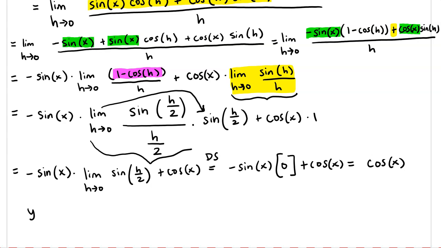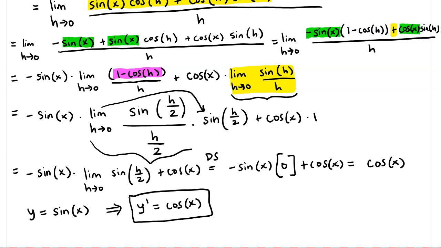So I just wanted to reiterate, we had y equals sine of x, and we found that the derivative was y prime equals cosine of x, which is really neat, and that's kind of the derivation of this derivative. So I'm just going to go ahead and box our final answer here.